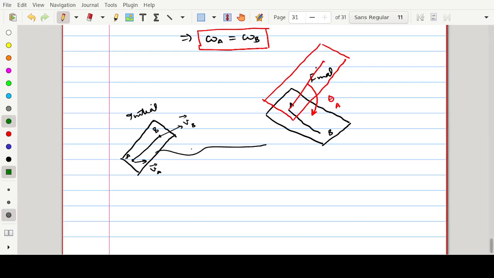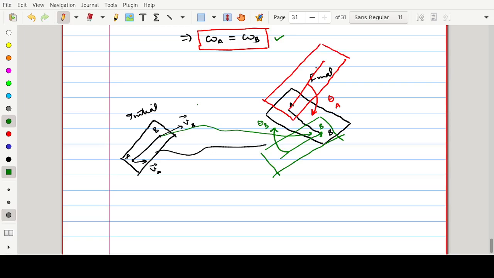Now there is another situation: if we translate the body with the velocity of B, B will reach its final position, but A will not be in its final position, and A will come to its final position after a rotation about B. Now this relation says that this rotation about A or about B is the same for plane motion.